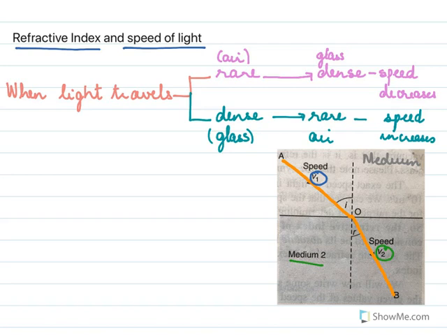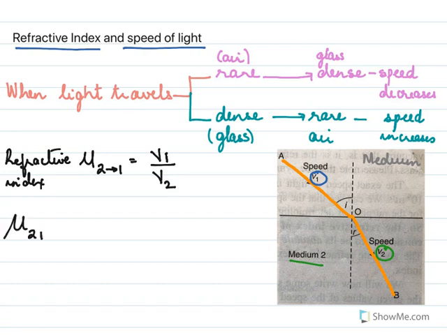So the refractive index of medium 2 with respect to medium 1 is given as speed of light in medium 1 over speed of light in medium 2.